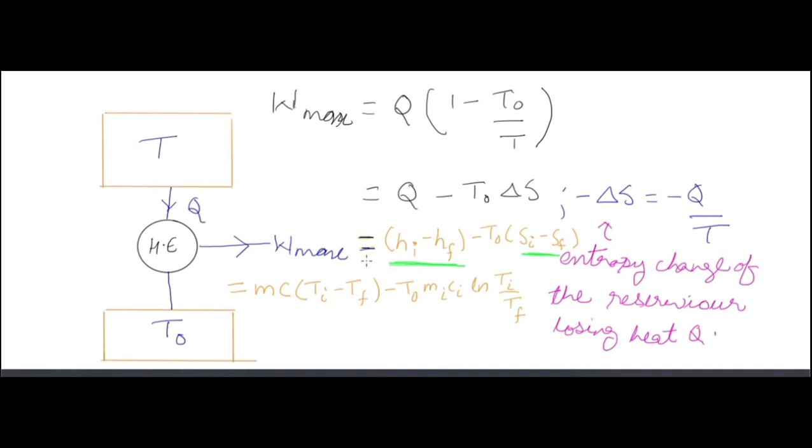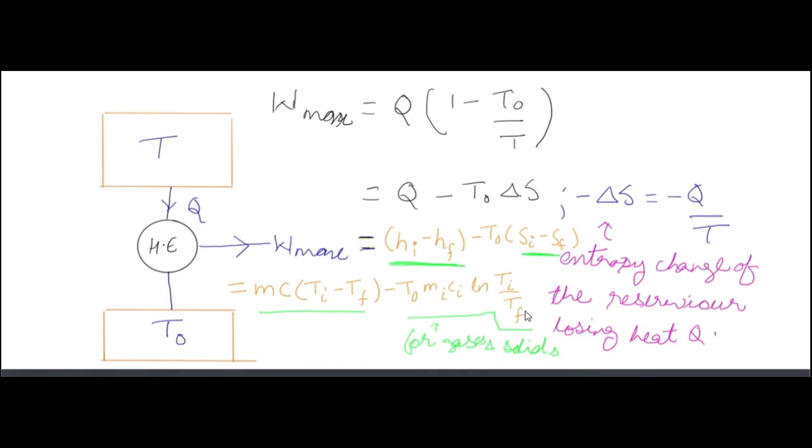Hi minus Hf is m Cp (Ti minus Tf), and Si minus Sf is m Cp ln Ti by Tf for solids and liquids. It's written wrong earlier. If it is solid or liquid, this formula is there, m C ln Ti by Tf.